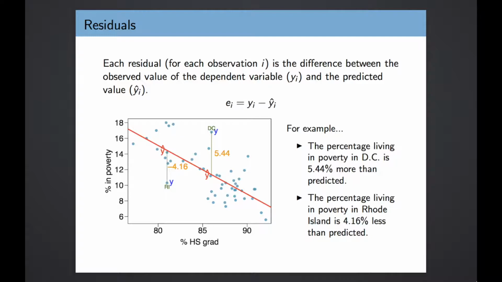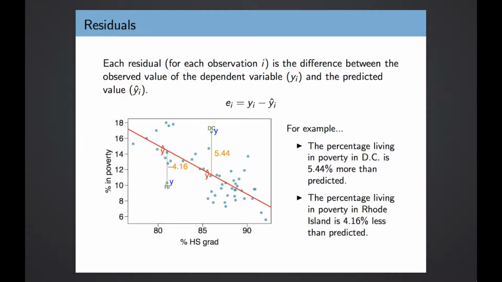So the percentage of people living in poverty in D.C. is 5.44% more than we predicted. So the residual for Washington, D.C. is 5.44. Similarly, there is a point below the regression line that is our data for Rhode Island.